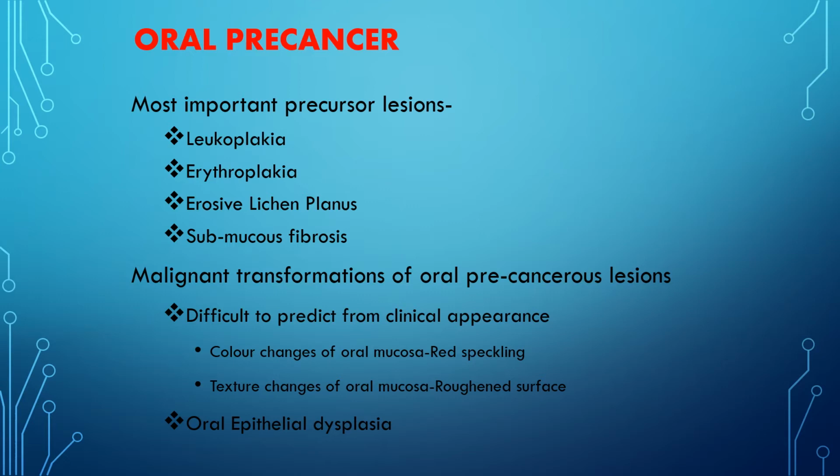It is the most important precancerous lesion in terms of being the most common as well as being the point of origin for most oral cancers. The global prevalence of leukoplakia has been reported to be about 2.6%.